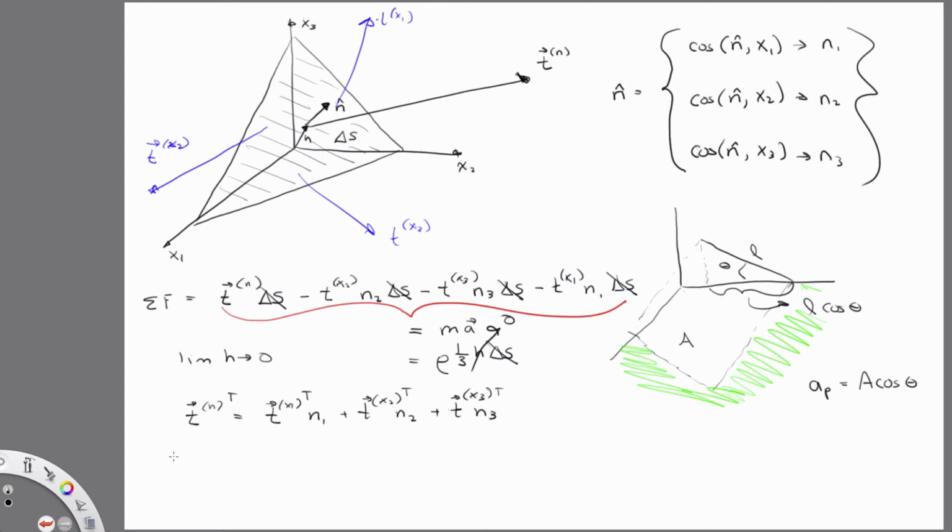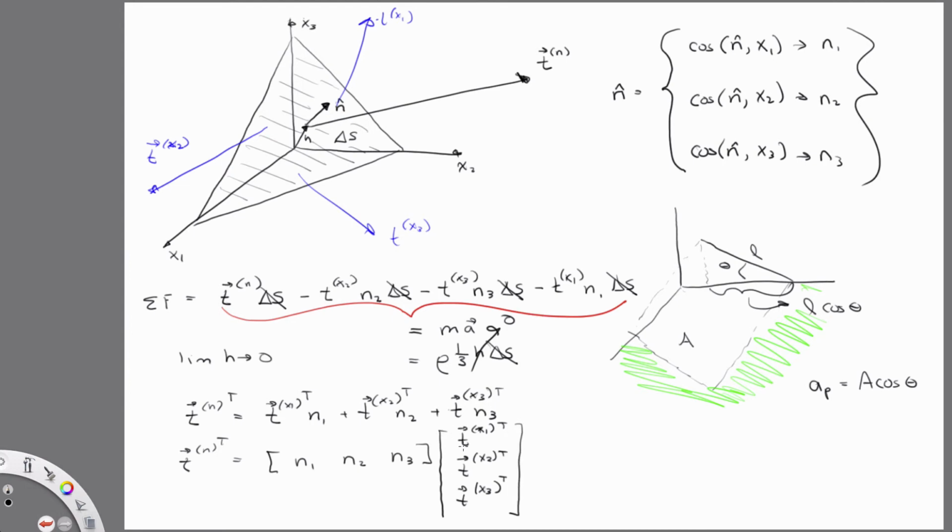With that, I can write this equation: T n transpose equals, in vector form, n1, n2, n3 times T x1 transpose, T x2 transpose, T x3 transpose.